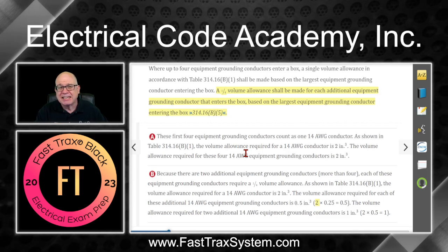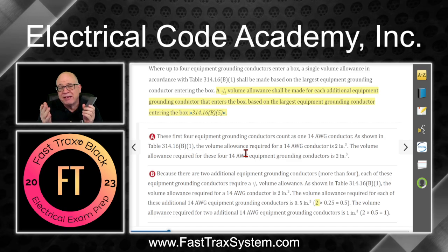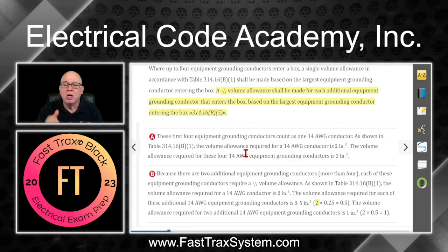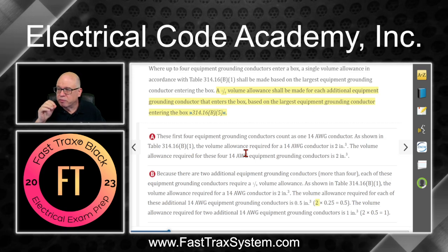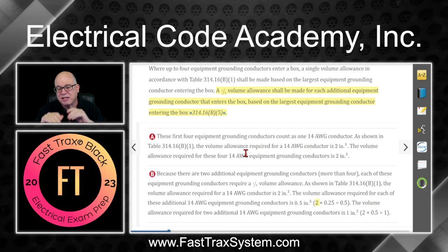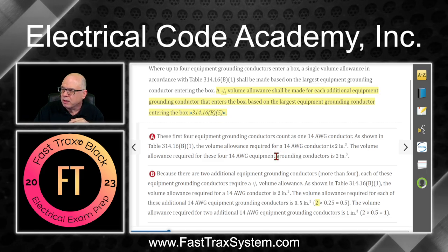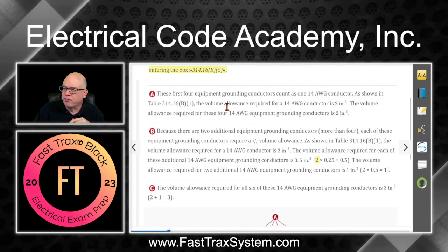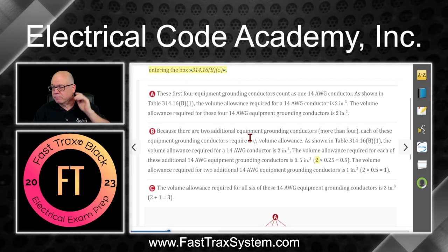Now, I like to convert this into decimals as it makes it easier to do the math. There are easier ways to do this, but what is a quarter volume? Divide the 1 by the 4 and it's 0.25. And so 0.25 is what you're going to be utilizing for each, so just keep that in mind. I'll show you another way to do it as well down here. All right, so the first 4 is just 2 cubic inches, done.